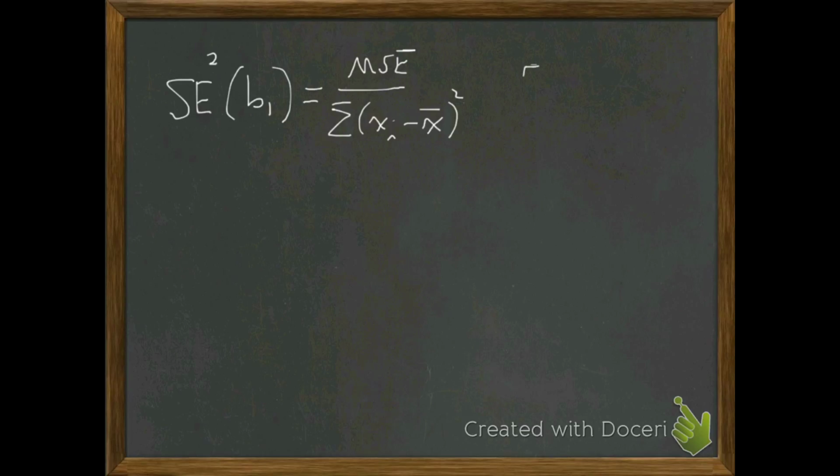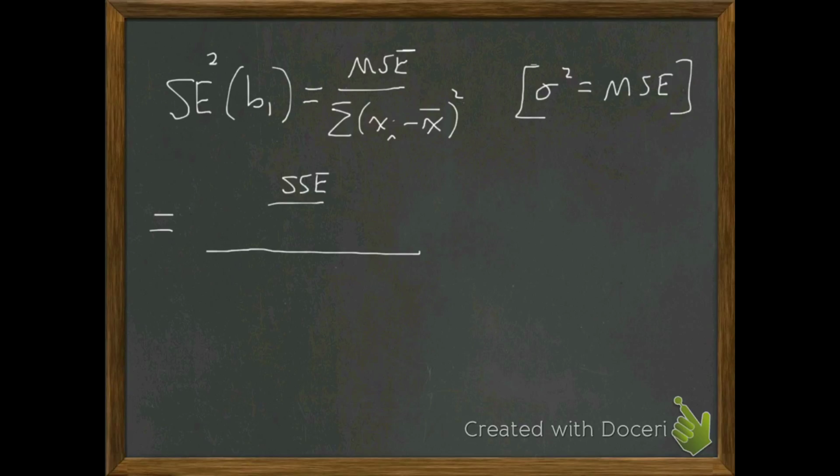Sigma squared is the mean square error, which is the sum of squares for our error divided by n minus 2.